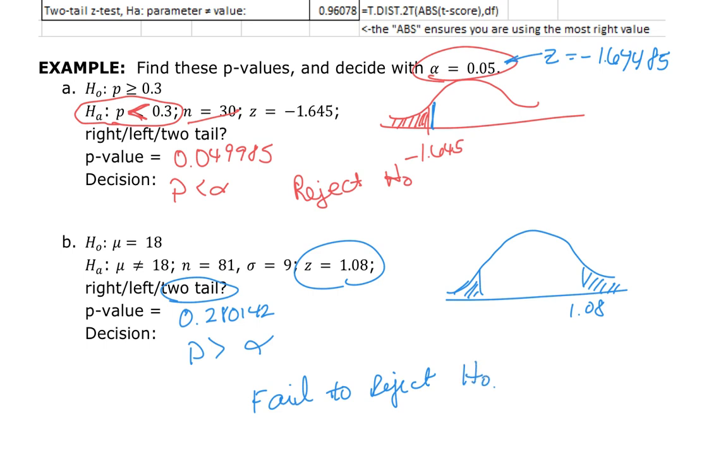Now, how would I look to see what is the appropriate z-score for a two-tailed test for the 0.05? Well, once again, I'm going to go back to Chapter 6, the calculator that says use only if chasing a z-score. And this time, I'm not going to put in 0.05. I'm going to put in half of that because it's a two-tailed test, so I'm going to put in 0.025.